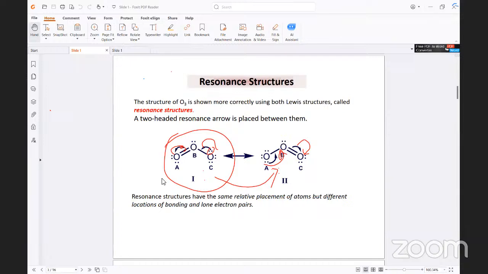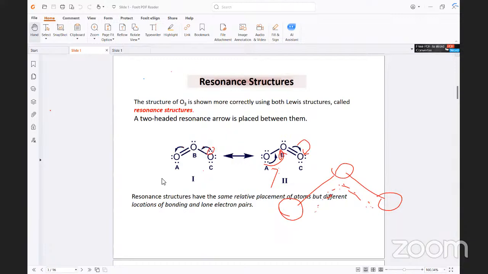So you will now have oxygen, oxygen, oxygen with the bond resonating like that. The bond is moving from one oxygen to the other.